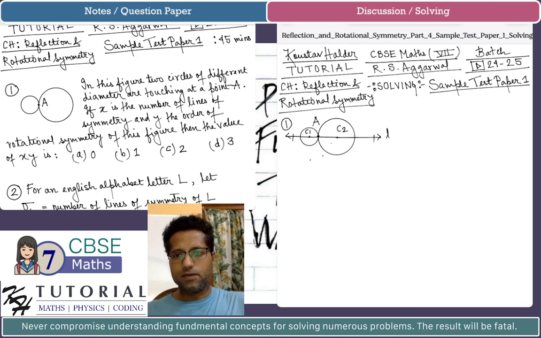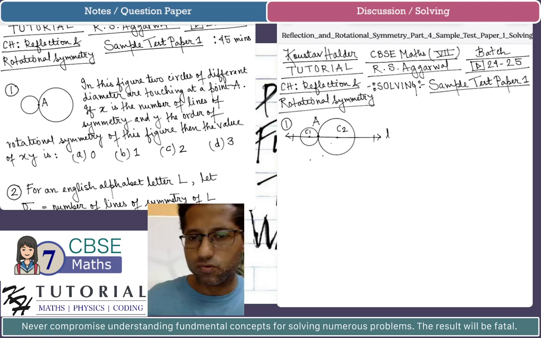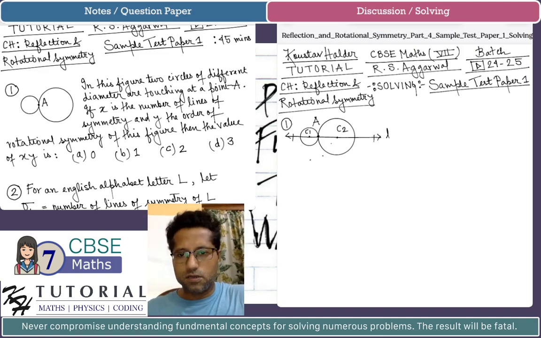Now, why must this line L be a line of symmetry? Because this line is dividing the entire figure, that is the two circles, in halves. The semicircle of the bigger circle above the line is definitely identical to the semicircle of the same bigger circle below the line.